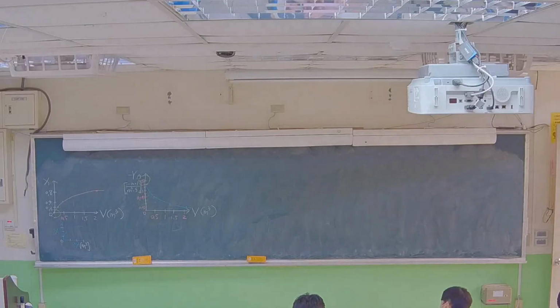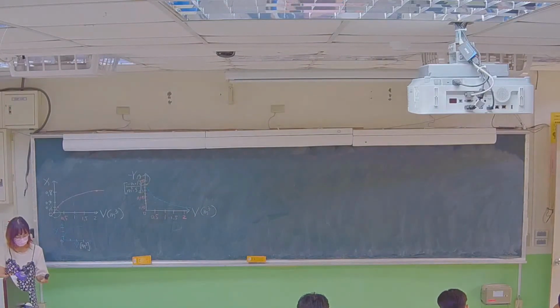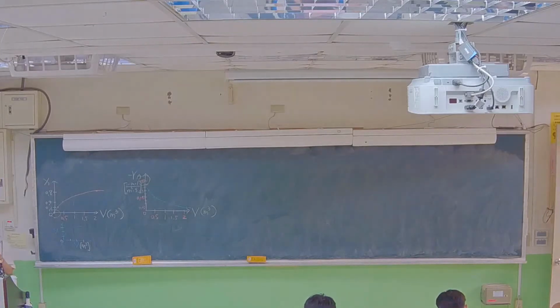Slide 24. Example 2.24, comparing CSTR and PFR sizes for the same job. This example is the conclusion for the previous two examples, right?